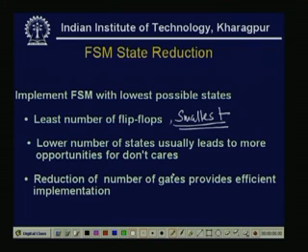And reduction of the number of gates provides efficient implementation. So not only the states, but also if we can reduce the number of gates needed to implement the design, then it will also provide an efficient design. So these are the main motivations for the FSM state reduction.